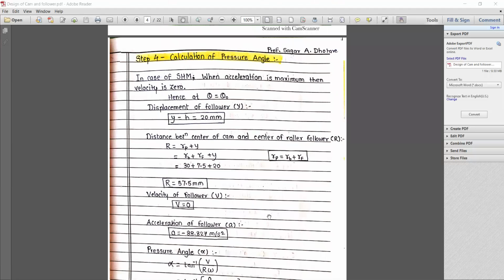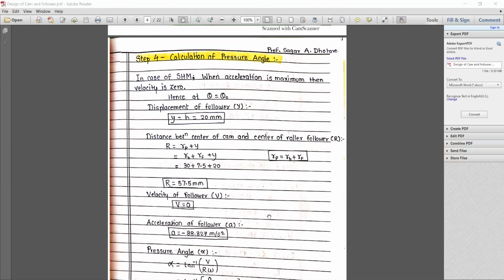Fourth step, calculation of pressure angle. In the case of SHM, when the acceleration is maximum, at that time the velocity is 0. Hence theta is equal to theta 0. The displacement of the follower, y, is equal to h, which is 20 mm.